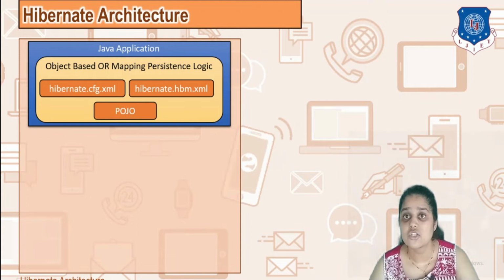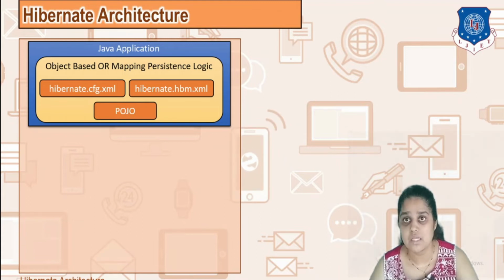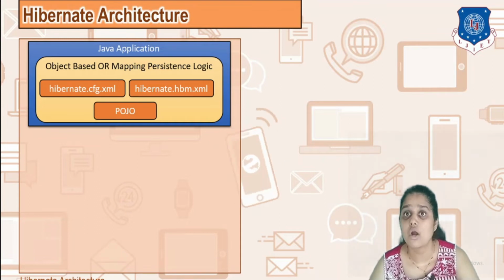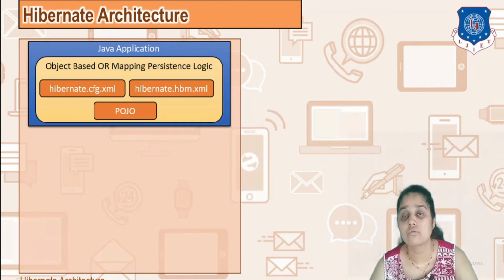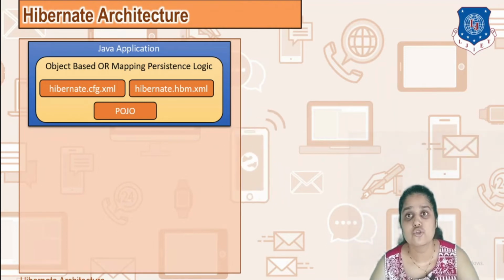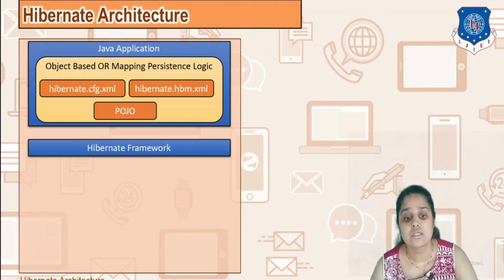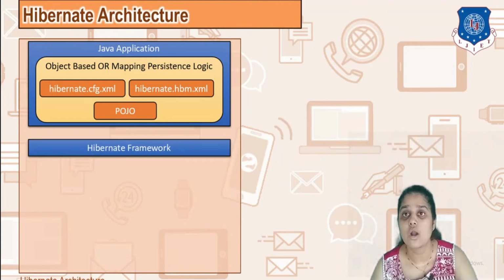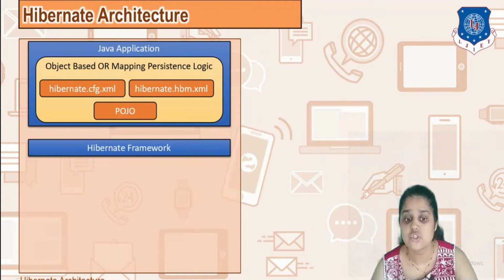So the configuration file has the details to connect with the database. HBM has what object is mapped to what relation, and the POJO file is a simple Java file. Now there is a second layer called the Hibernate framework, which is going to use all the previous three files that we just saw.